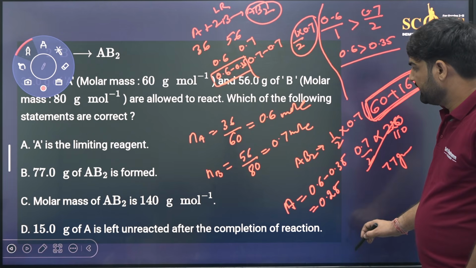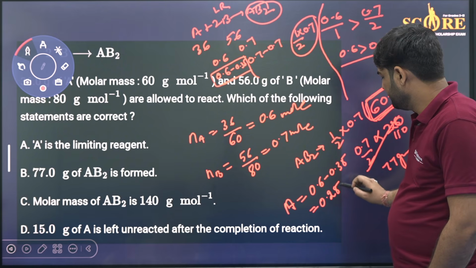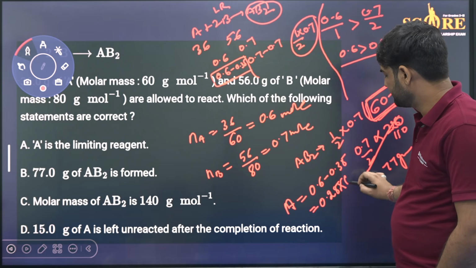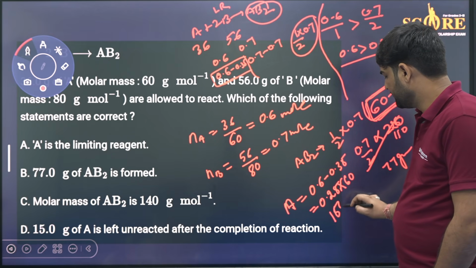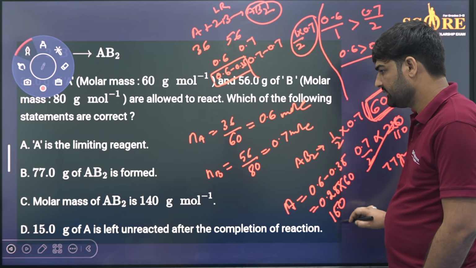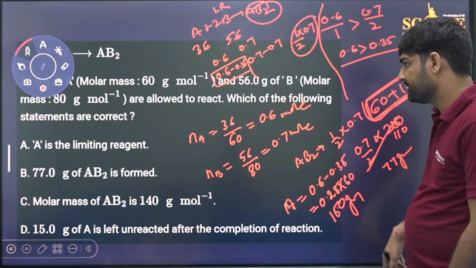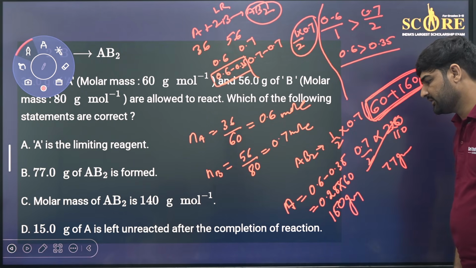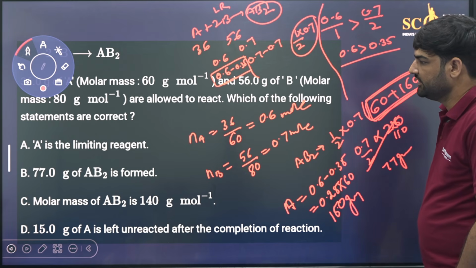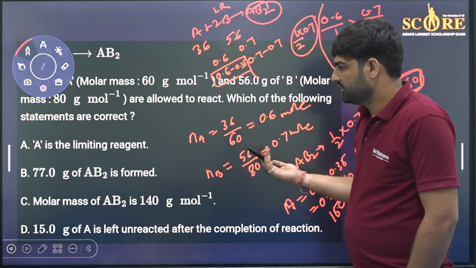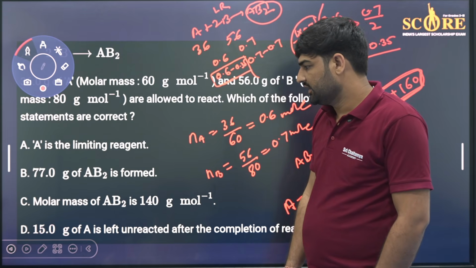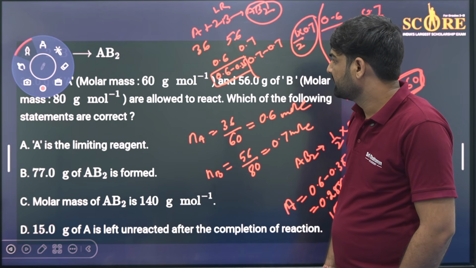Then mass will be multiplied by molar mass, 60, then this will be 15 gram. So 15 gram of A is left unreacted after the completion of the reaction. So option B and option D are the correct options.